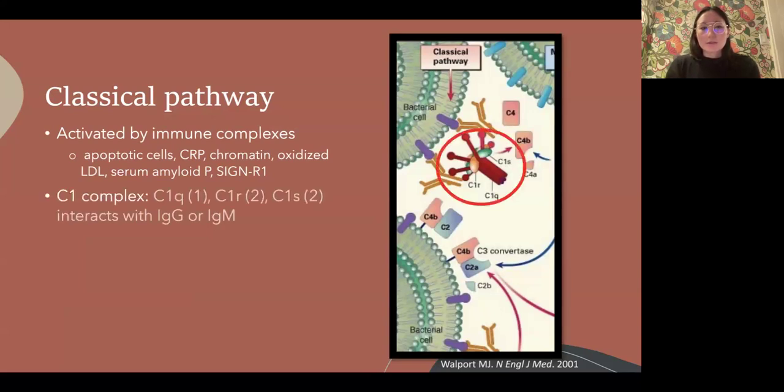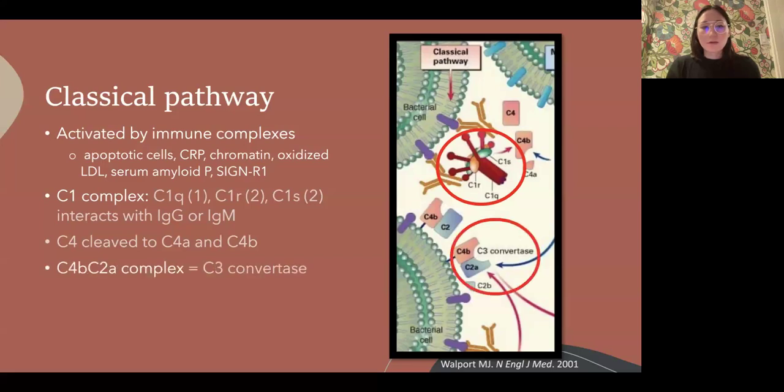The main feature is this giant C1 complex, which is comprised of C1q, the main large molecule in the middle, and then two C1rs and two C1s's. This is what interacts with your IgG or IgM. This leads to the cleaving of C4, and C4b leads to the making of the C3 convertase, and each of the pathways ultimately leads to making a C3 convertase that can cleave C3 into further products.